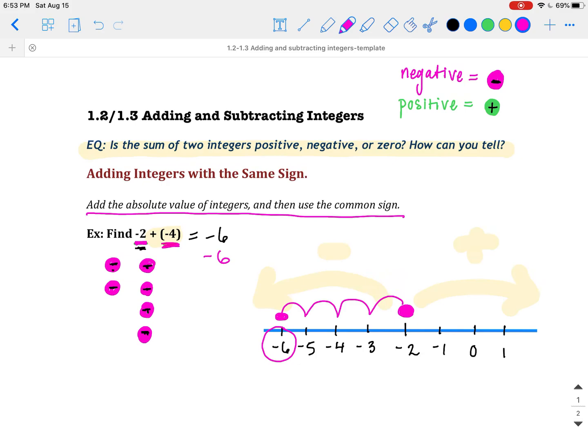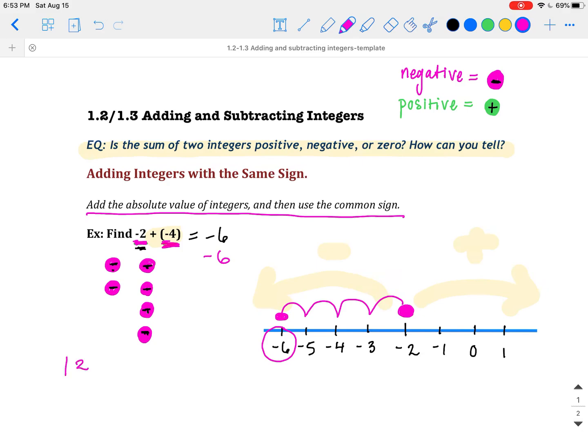And now I want to discuss the actual rule that was given to us here. So anytime we see that the sign is the same, the rule says to add the absolute value of integers and then use the common sign. So remember, this is only when both signs are the same. So here we knew this was -2 and we knew it was -4.